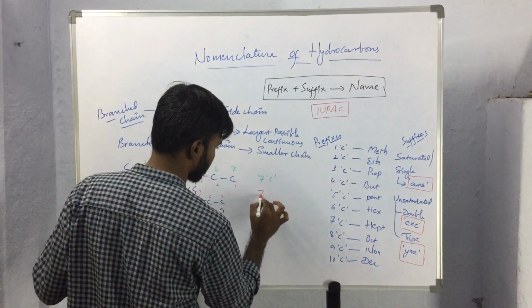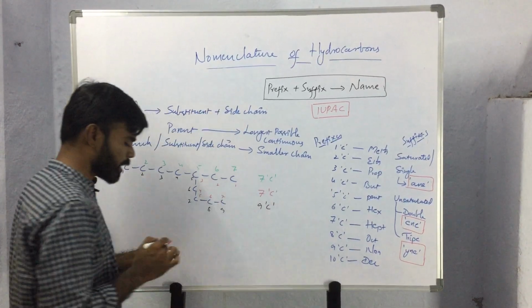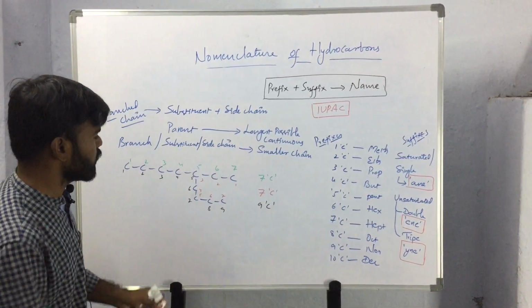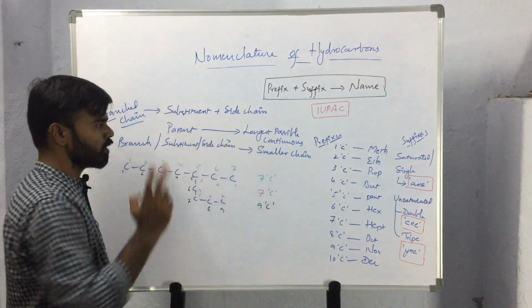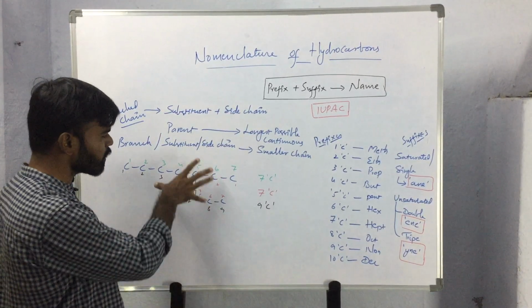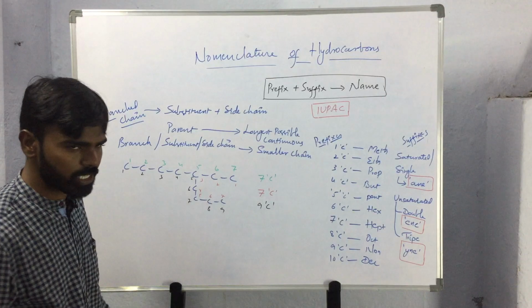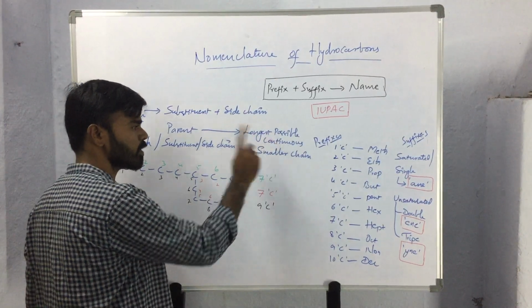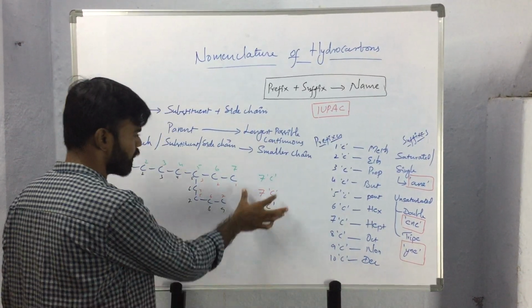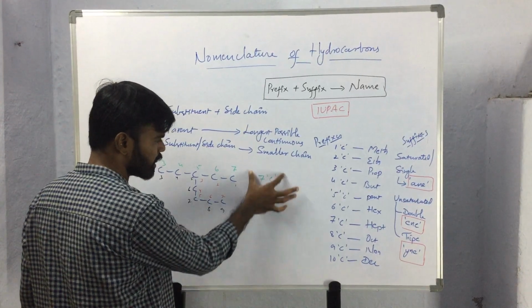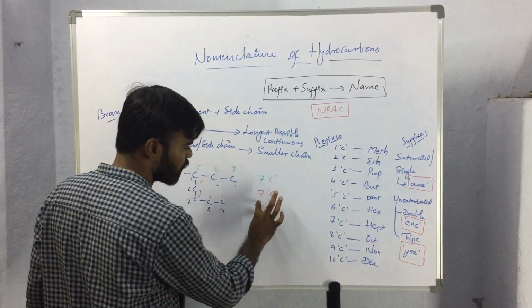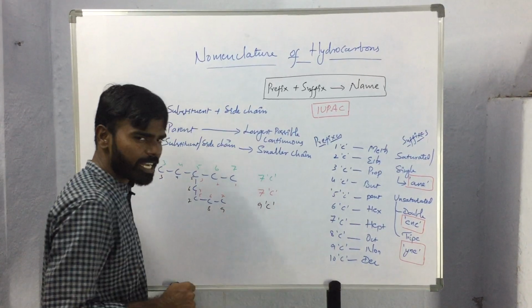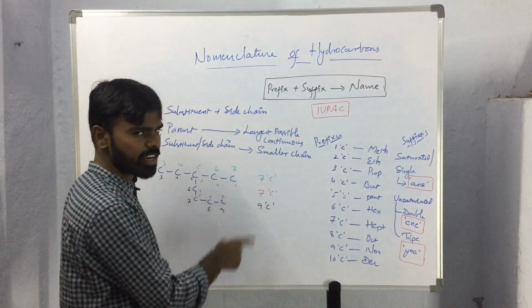So this contains 7 carbon atoms. So we have totally 3 possibilities. That means 3 possible continuous chains. So among these 3 possible continuous chains, we have to select the longest possible continuous chain. If we observe all these 3 possibilities, the chain that has 9 carbon atoms is the longest continuous chain here.